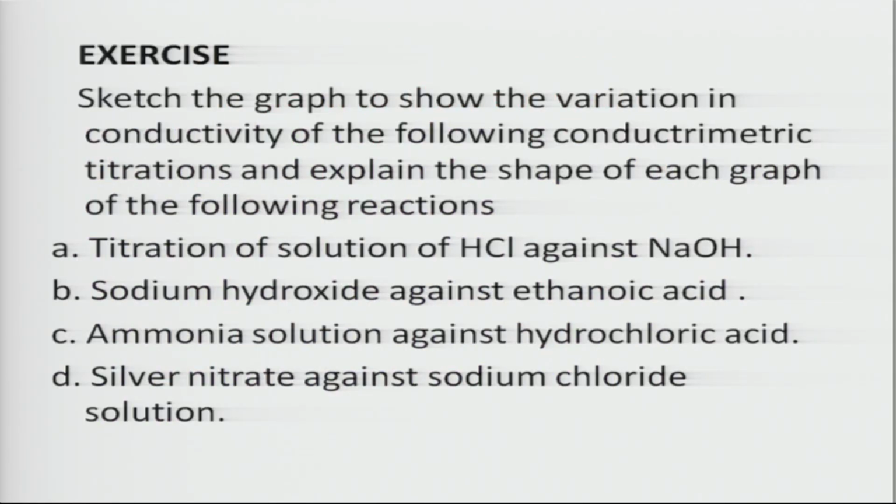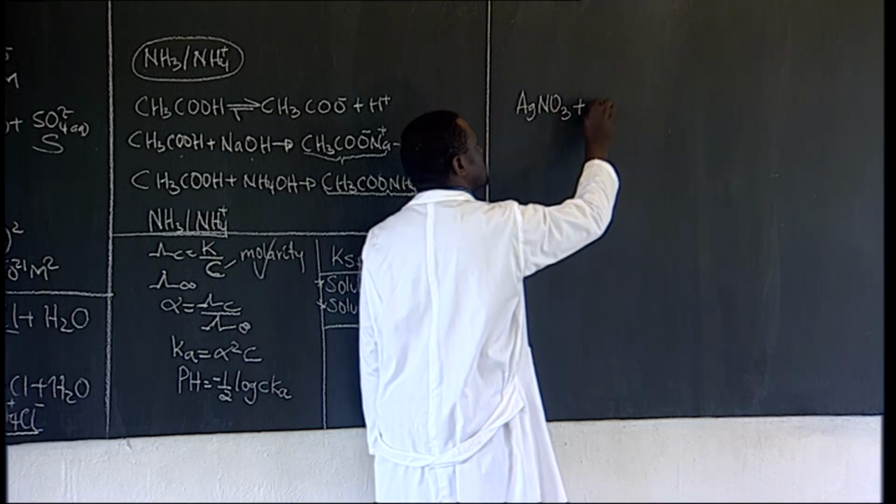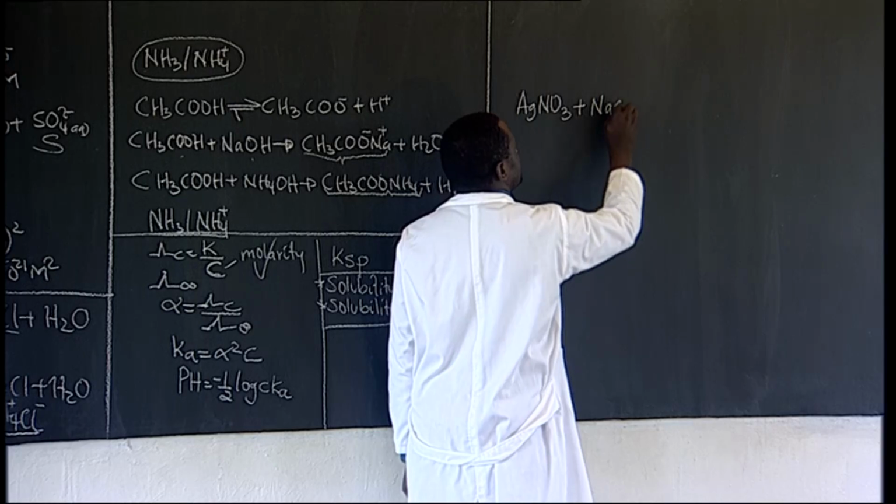Then silver nitrate against sodium chloride. This one we have not done, but we can also try to sketch. For example, we have a reaction between silver nitrate and sodium chloride.